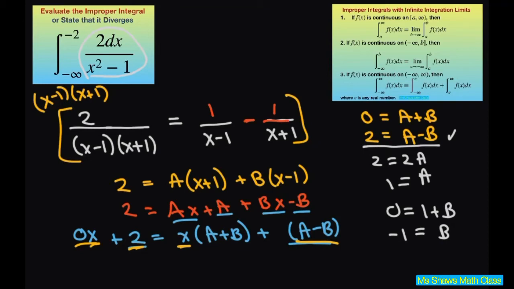Now let's get started and use our formula. We have negative infinity for the lower limit, so we rewrite our integral as a limit and solve accordingly. We're going to write this as the limit as b approaches negative infinity, and this is going to be from b to negative 2, so I'm changing these two.